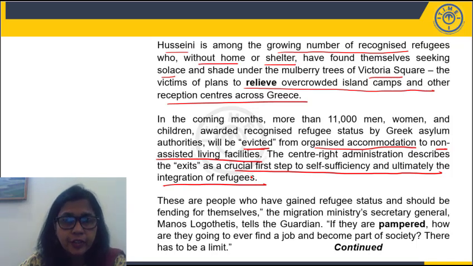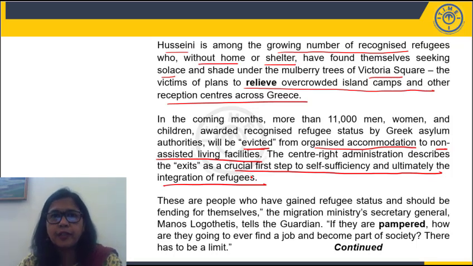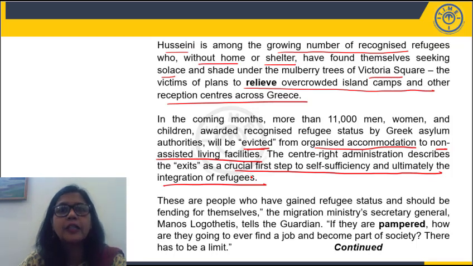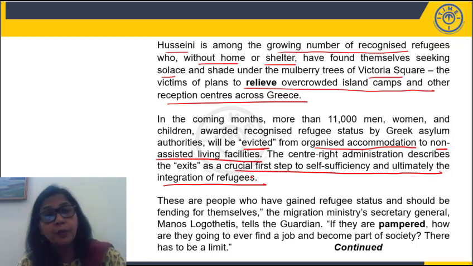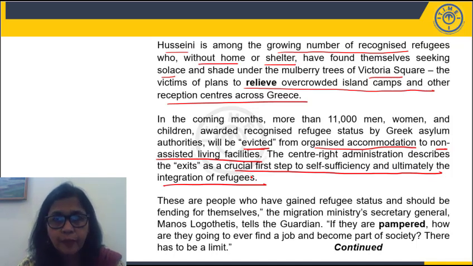So self-sufficiency of whom? Of the refugees. So they will have to move out of the camp where things are provided to them and they will have to fend for themselves, learn to become self-sufficient, and in the process integrate with the local population there. This was the objective of the administration.